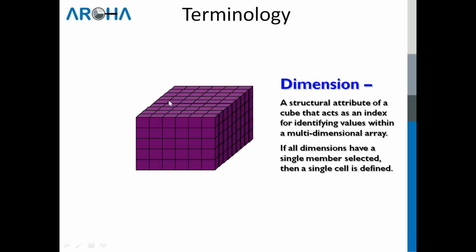So the walls of the cube are made by dimensions. Here you have location, products, and time. Like this, you can have as many dimensions as you want in a cube.